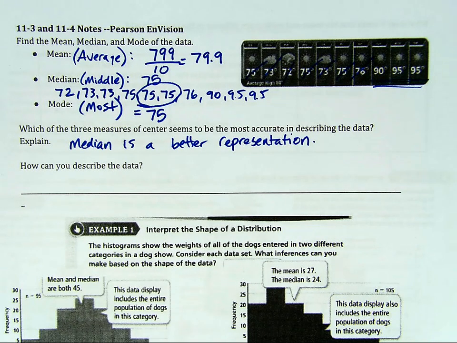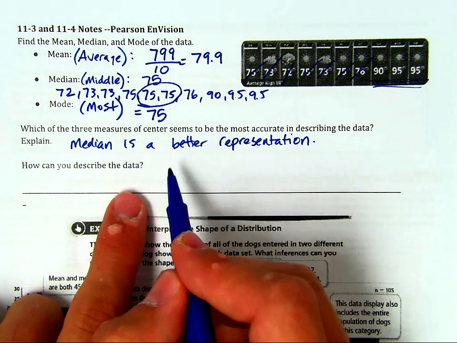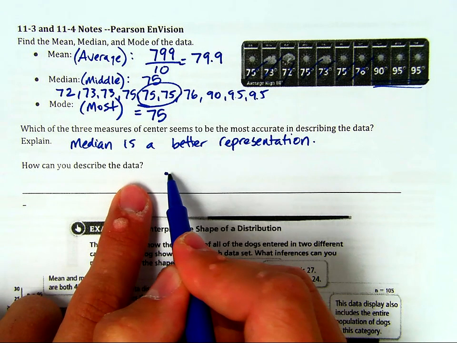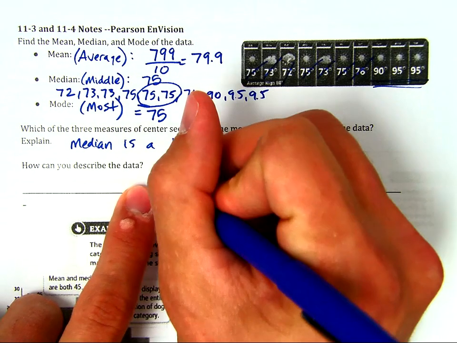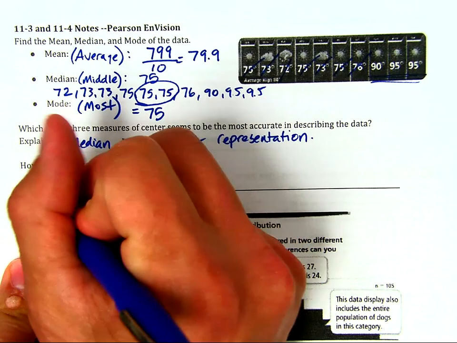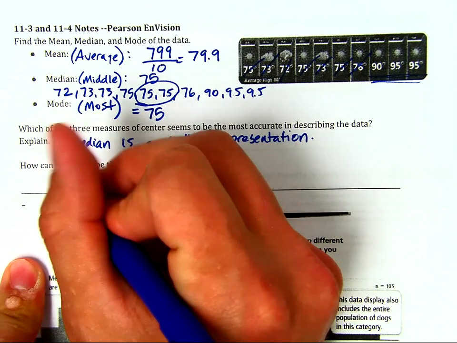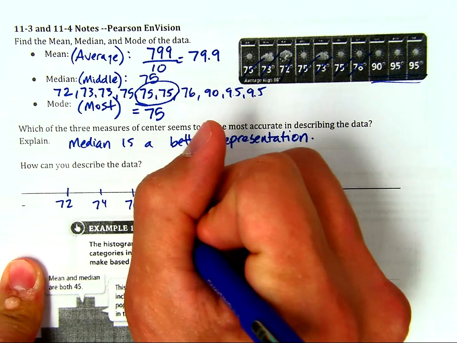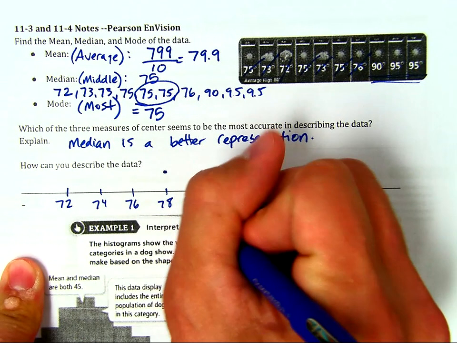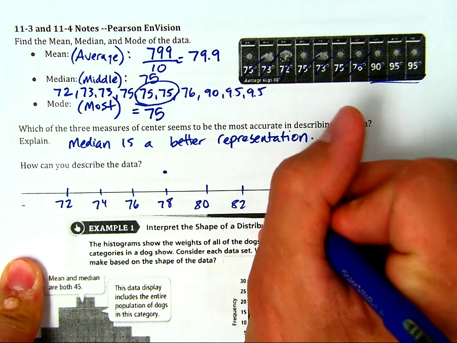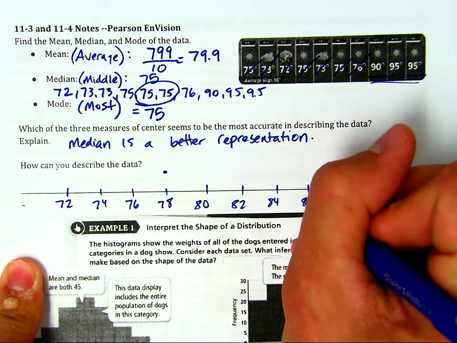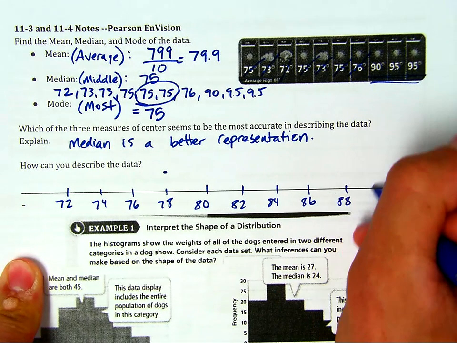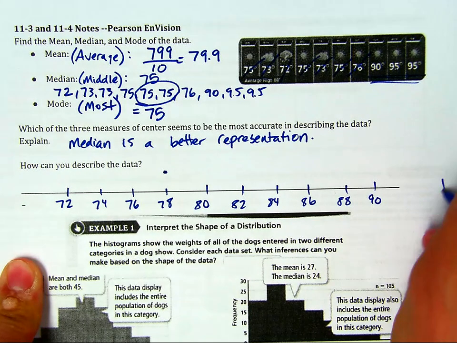And so how can we describe the data? If you were to think of a box and whisker plot right here, we start with 72, and the median is 75. I'm going to jump out here to 95.